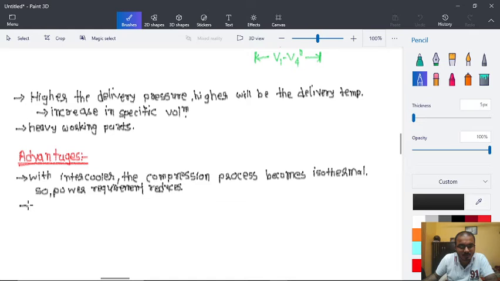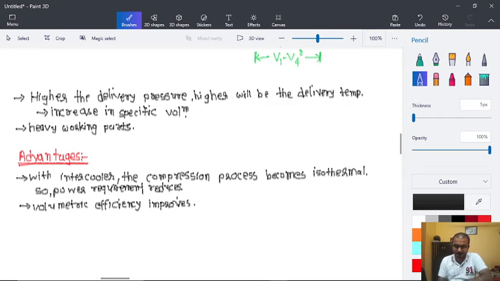Next is that the volumetric efficiency improves. The next is less leakage loss.